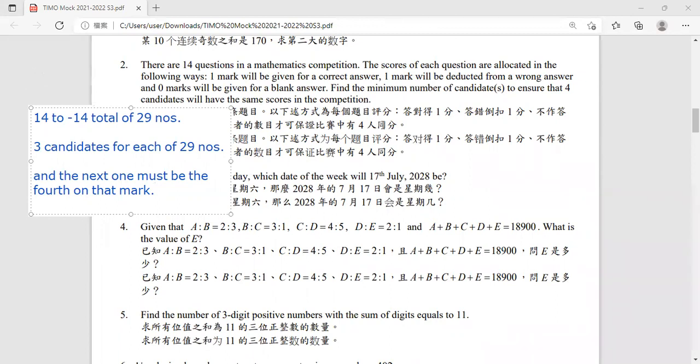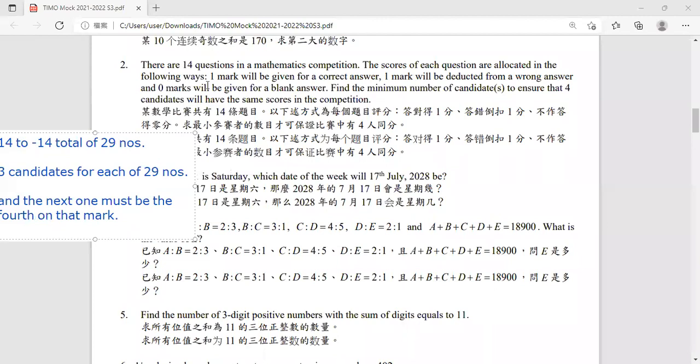You have 0 marks for a blank answer, so you can get 30 marks. You have 14 questions.